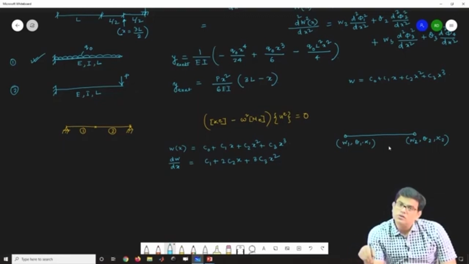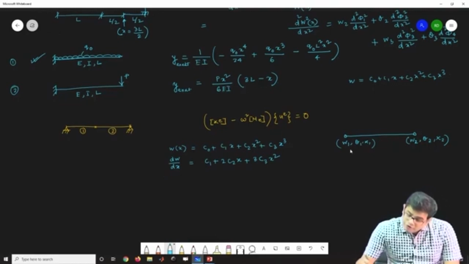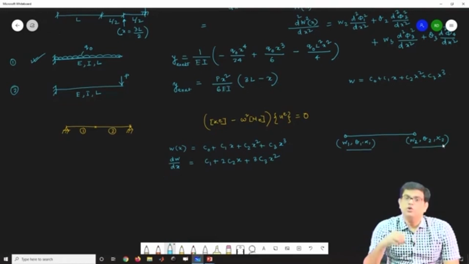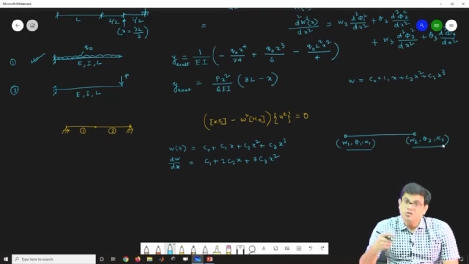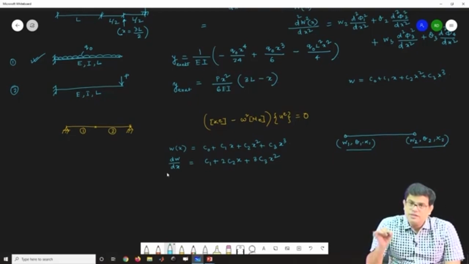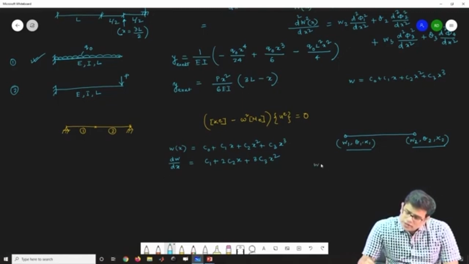Now you have 3 degrees of freedom per node, so obviously you have 3 such conditions at each end. So you can evaluate 6 constants uniquely, right? Because you have 6 conditions, you have to have 6 unknowns to find the unique solution.